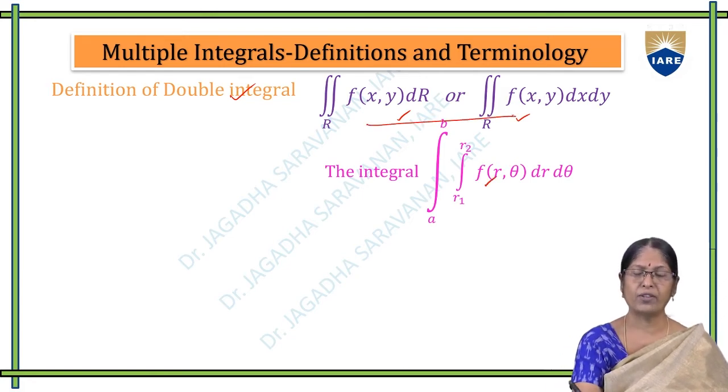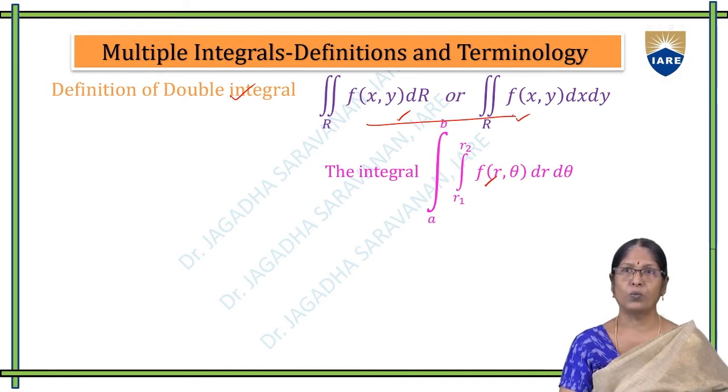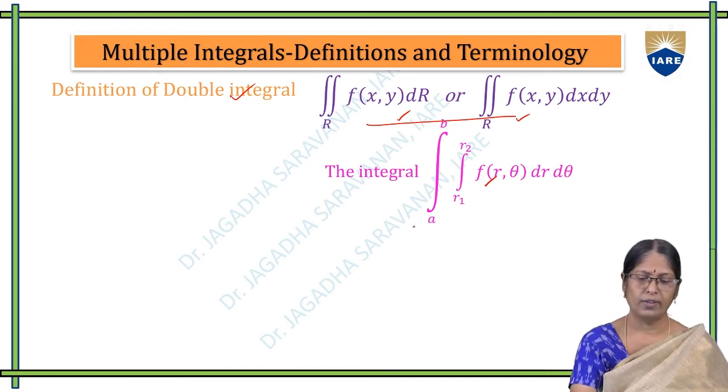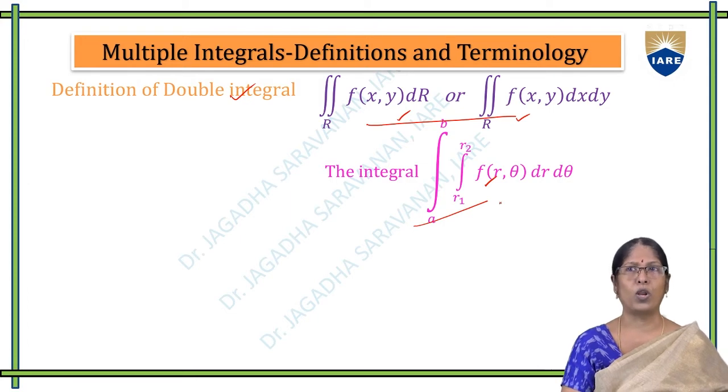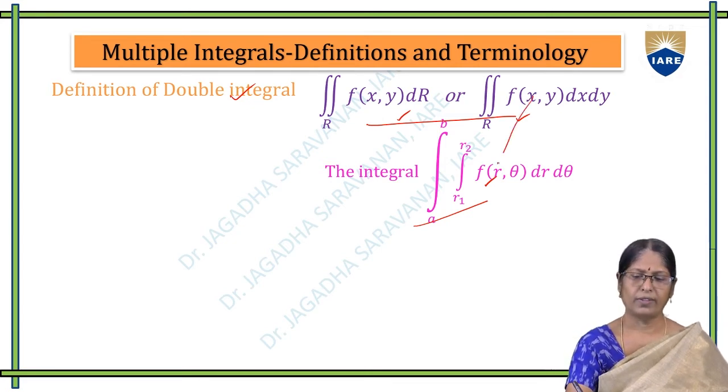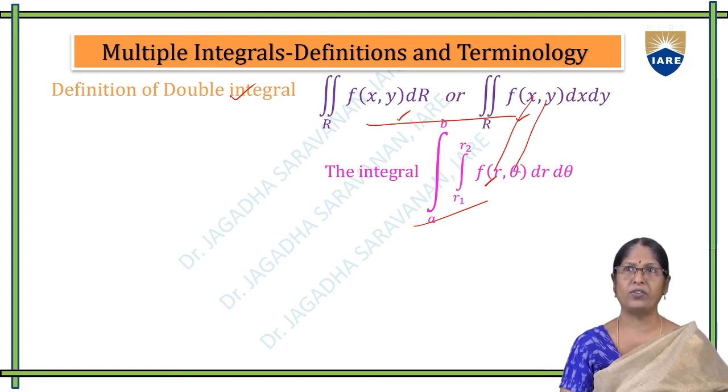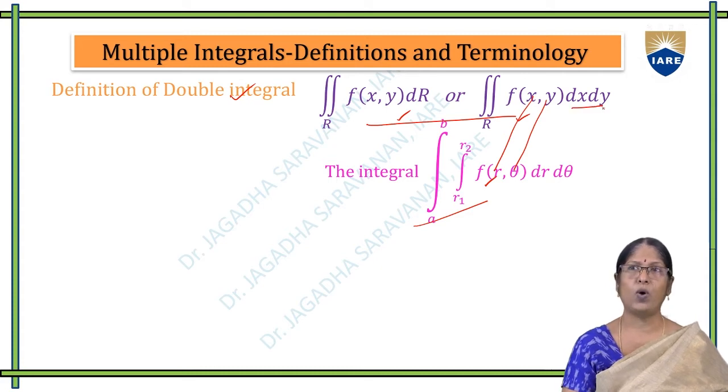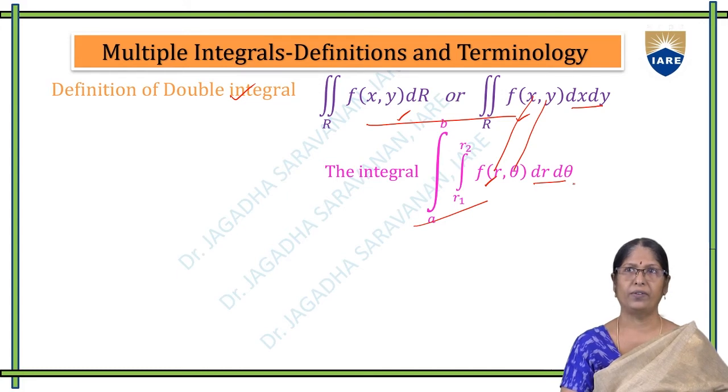We are doing a comparison: this one is in Cartesian form and this one is in polar form. When we compare, we can find the differences. x is replaced by r, y is replaced by theta, and dx dy is replaced by dr d theta.